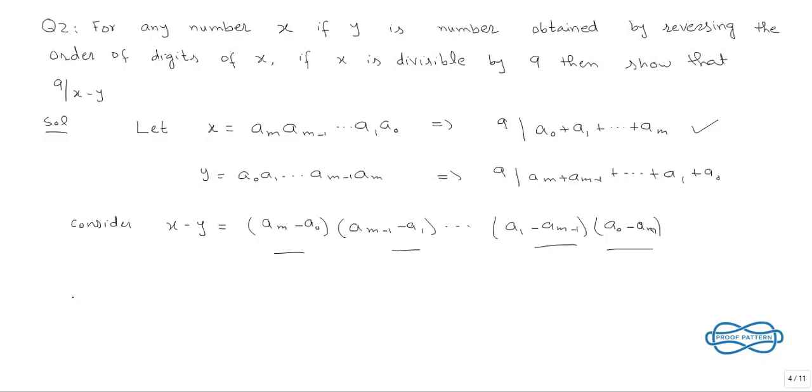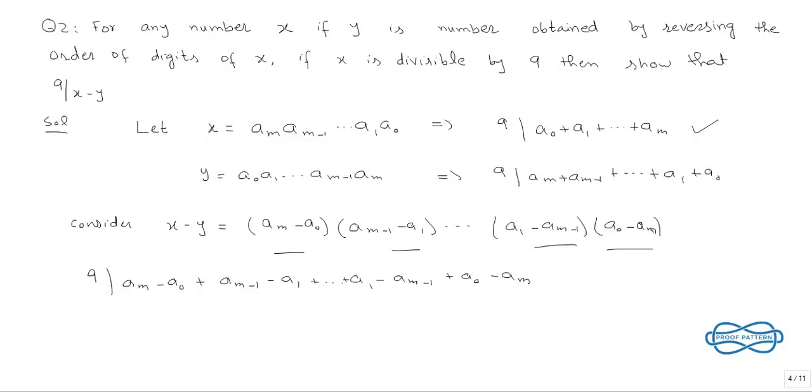By the divisibility test, this integer will be divisible by 9 if the sum of its digits is divisible by 9. So we check: 9 divides (a_m minus a_0) plus (a_(m-1) minus a_1) plus and so on a_1 minus a_(m-1) plus a_0 minus a_m.